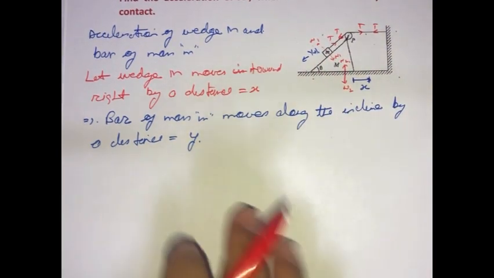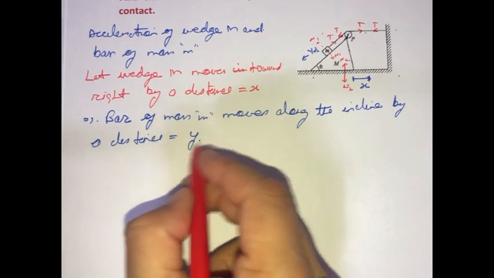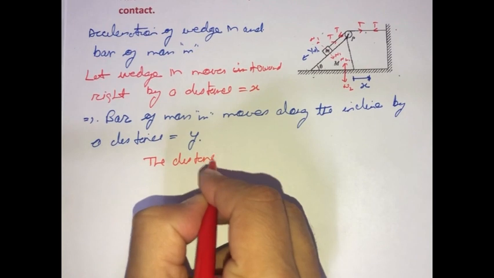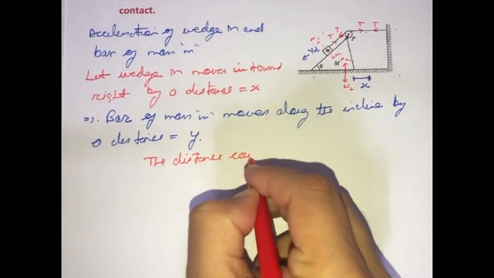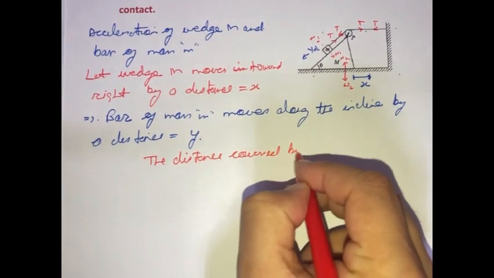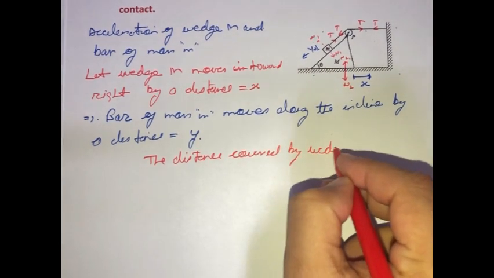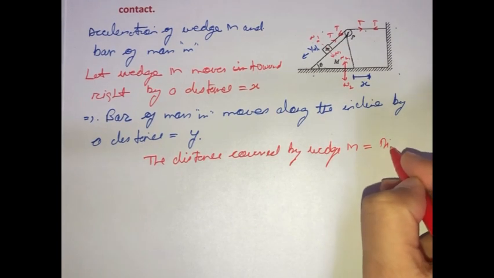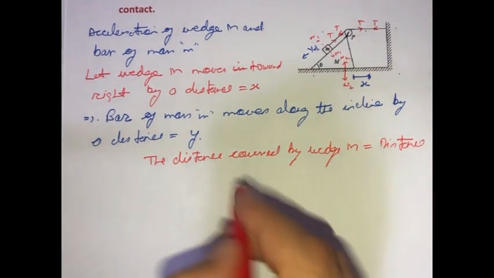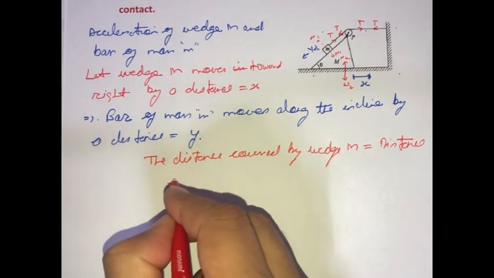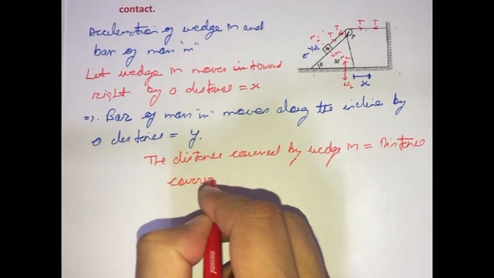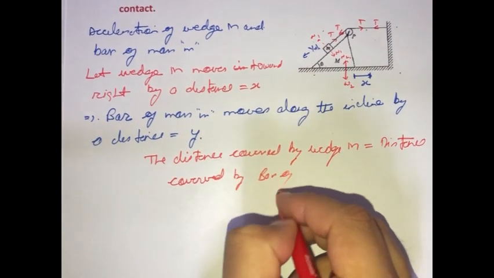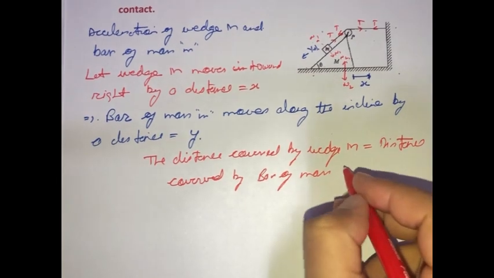Okay, you can say that the distance covered by wedge M is equal to the distance covered by bar of mass m.